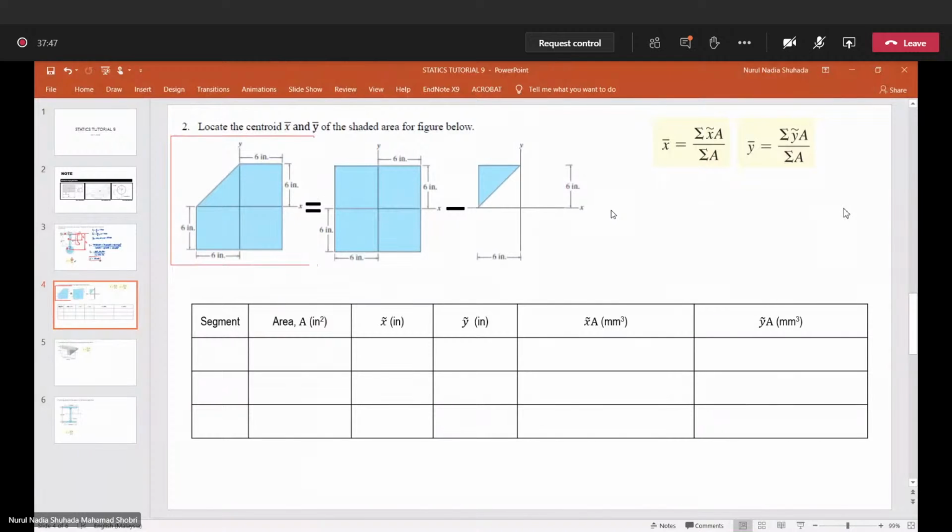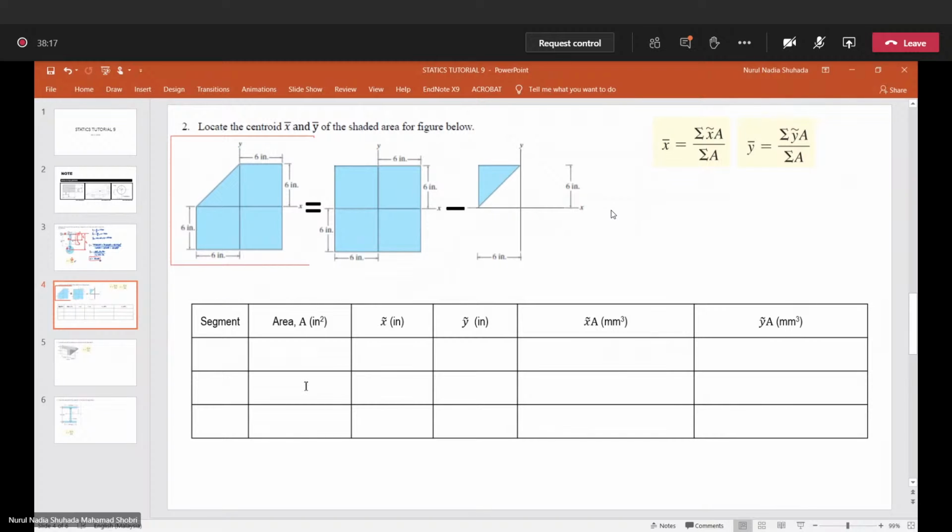Question number 2 is quite different because it gives us the axis already, so we know from where to find the value of center y and x for each shape. So take 10 minutes and try to solve this question.